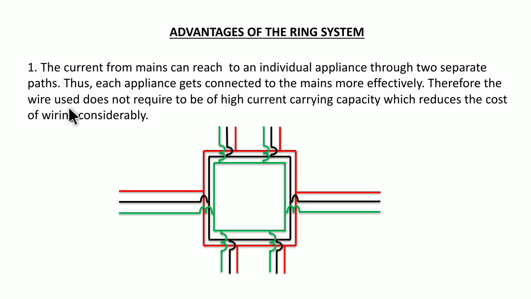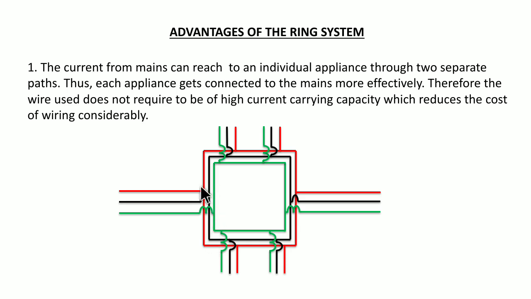So therefore the wire used does not need to be of high current carrying capacity. See, the wires which you will be using in the ring system do not need to be of high current carrying capacity. This means that if you use a less standard wire, or the cheaper ones, it will work more effectively, because the resistance over here will be less.